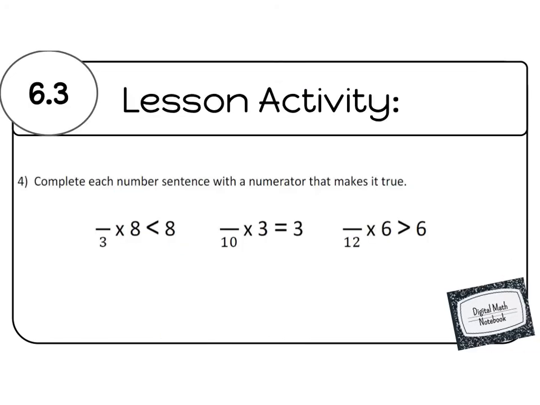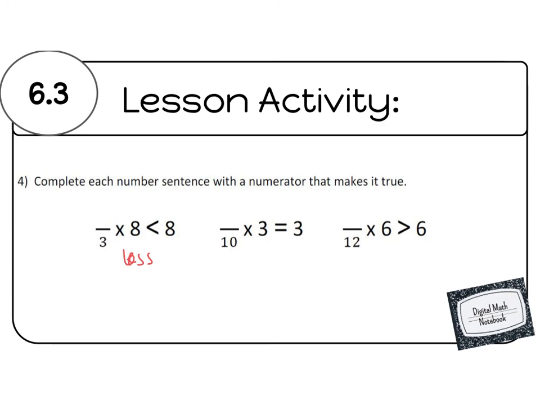All right, 5th graders, it's time for the lesson activity. In the lesson activity, you're going to complete some problems like we just did, where you're finding the numerator that makes the inequality true. We'll start off together. The first inequality sign has the alligator facing towards the 8. That means that this is going to be less.